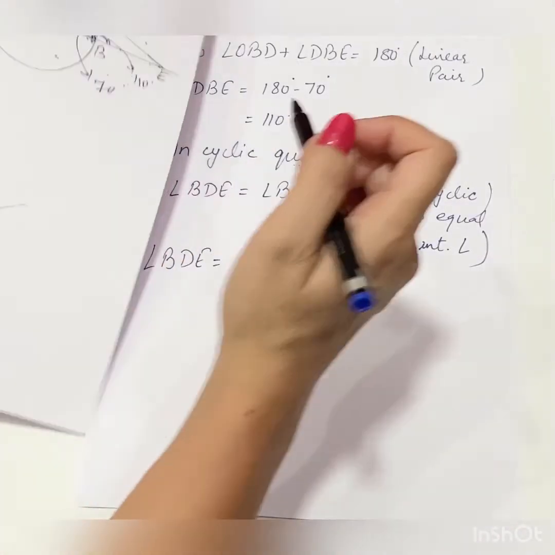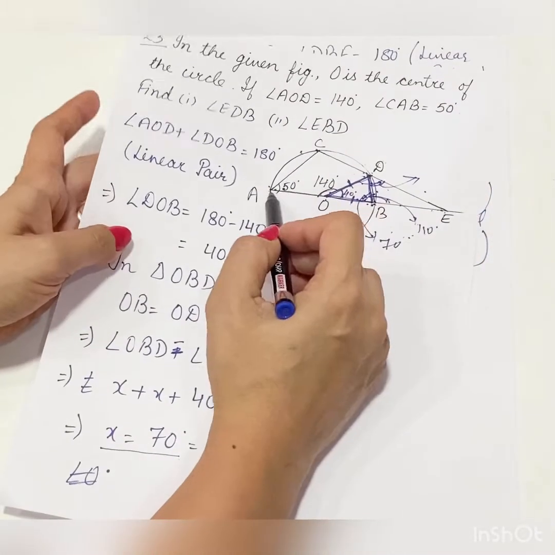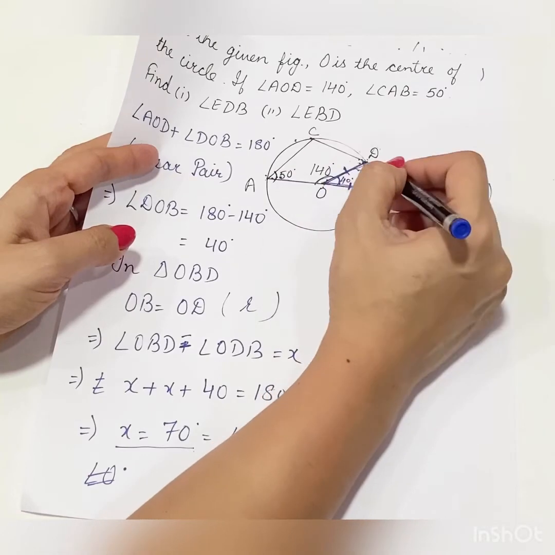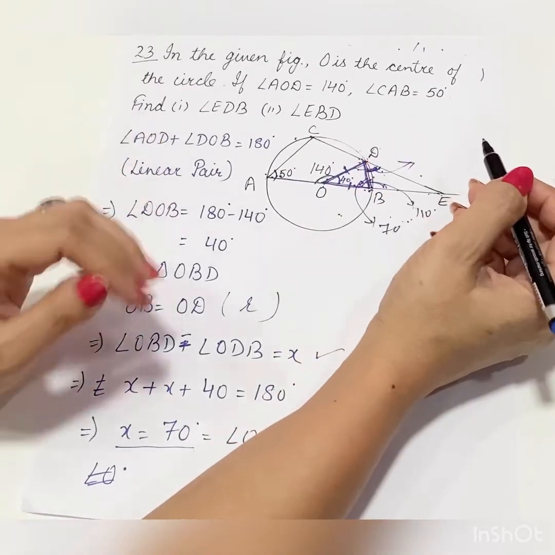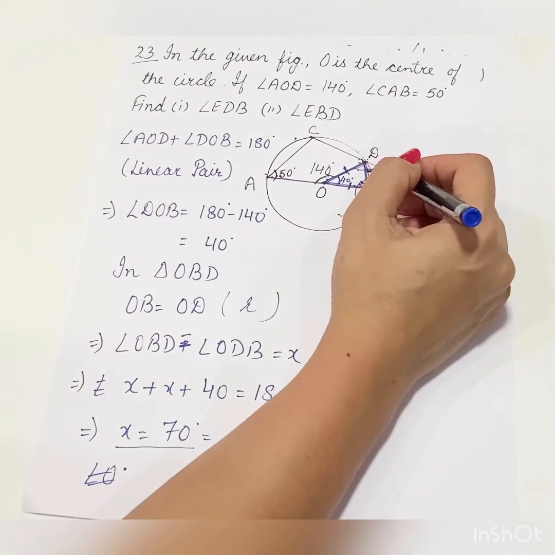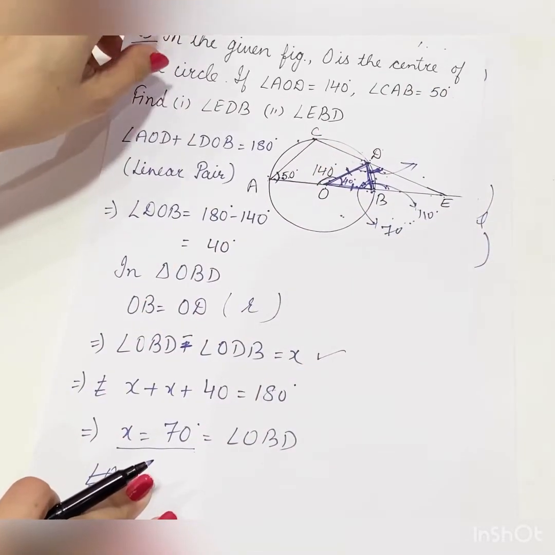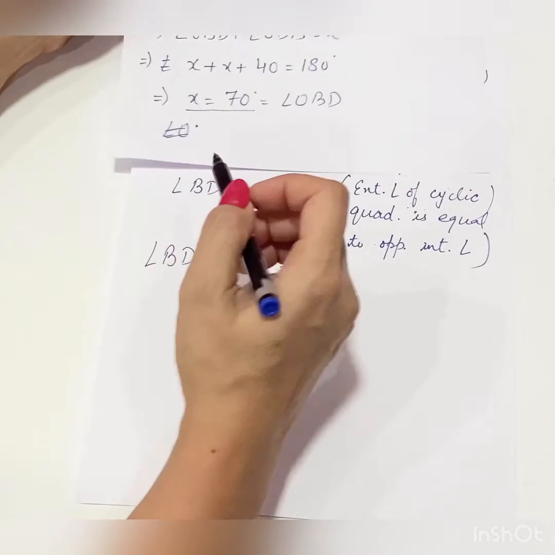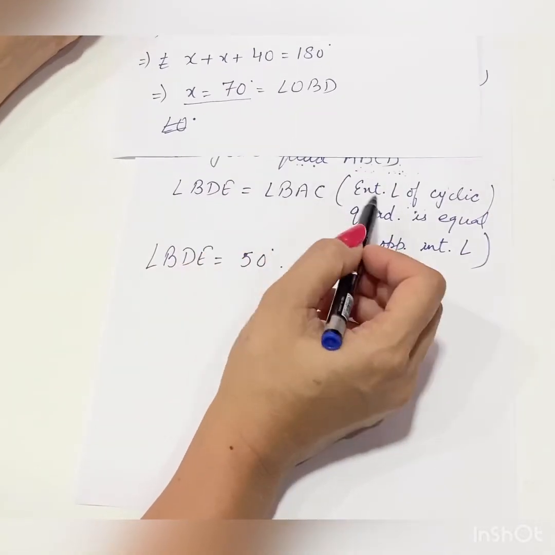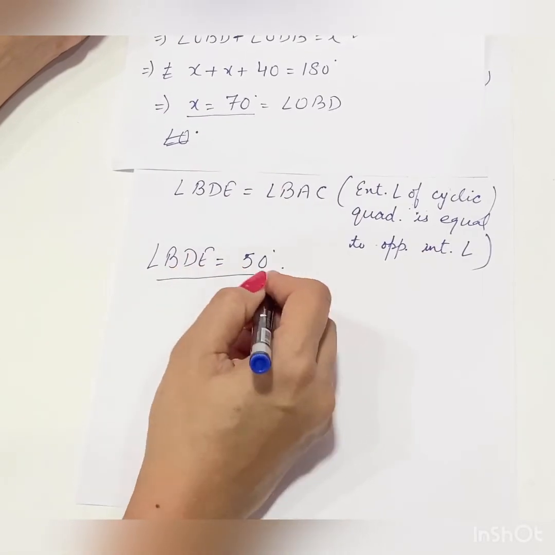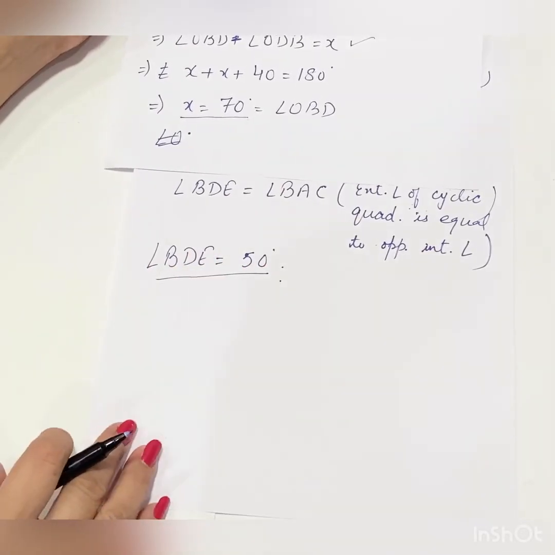In cyclic quadrilateral ABDC, this is 50 degrees and this is the exterior angle of the cyclic quadrilateral. So exterior angle is equal to opposite interior angle. Therefore, we will get angle BDE is equal to BAC. So angle BDE comes out to be 50 degrees.